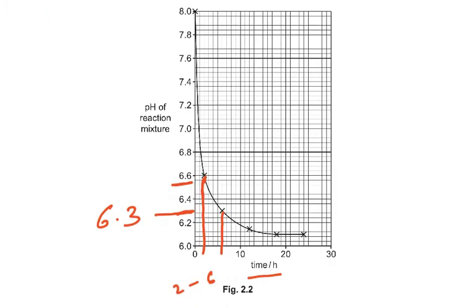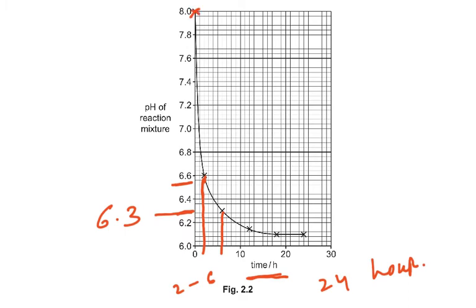I often say you need to look at the graph and talk about the graph, sort of explaining the graph to an imaginary person sitting across from you. We look at the x-axis and it is time in hours, and we've done it up to 30 hours, but of course we did it for 24 hours as we said in the question. And then you can see here the pH of the reaction mixture, how it has decreased.